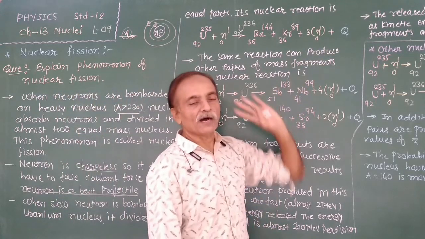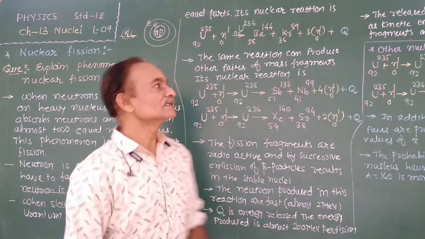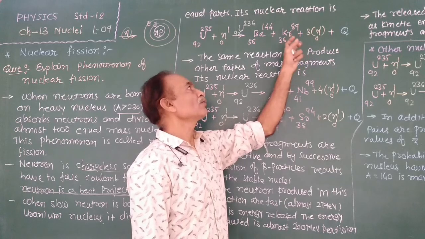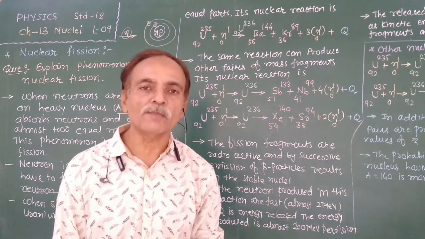Here, this Q amount of energy is not directly obtained. It is a bunch of energy, but it is obtained in the form of the kinetic energy of the neutrons, the kinetic energy of the product nuclei, and also in the form of heat energy.